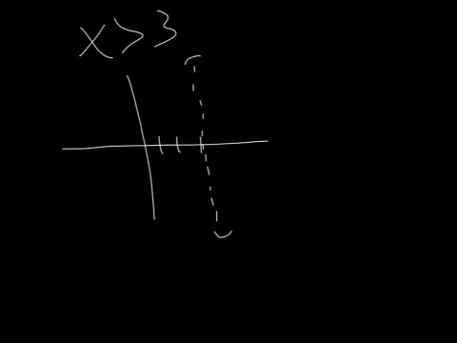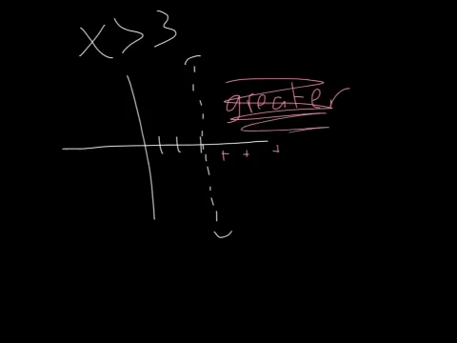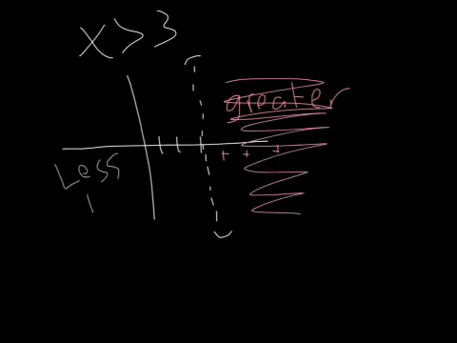So since we have a greater than, it's going to be to the right of the line, and think these are all positive. So instead of above and below, when we have a vertical line, you shade to the right for greater than, and then if we wanted less than, we would shade to the left.